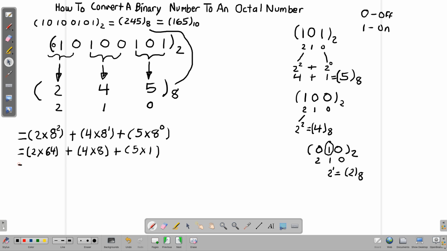So let's break it down. We have 2 times 64 is 128, plus 32, plus 5. And this comes out to be the value 165. And this is what we wanted to show. And keep in mind that this was a test.